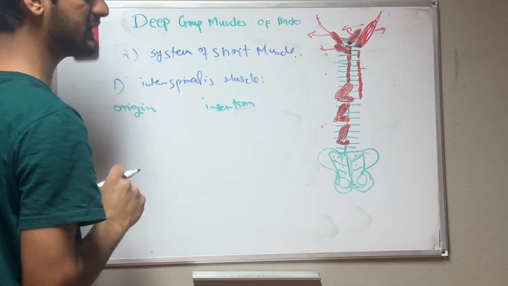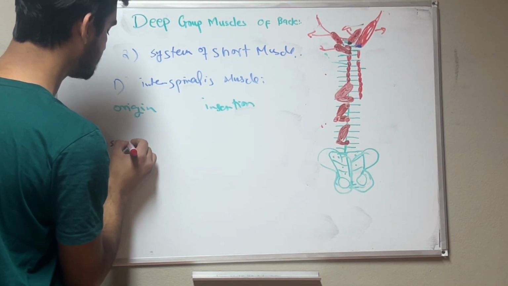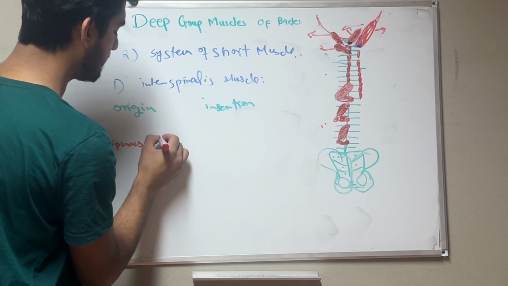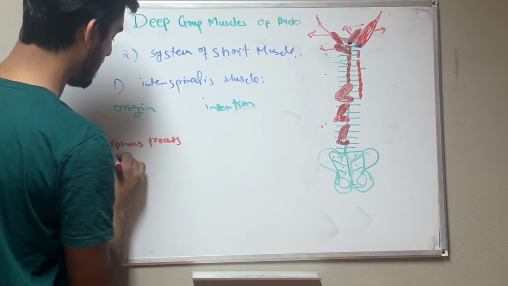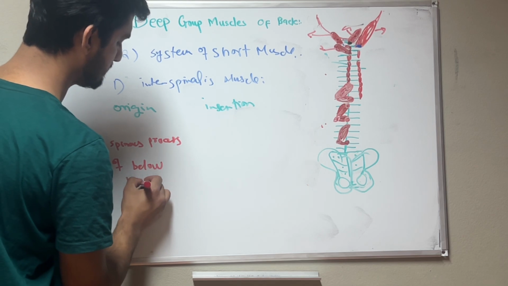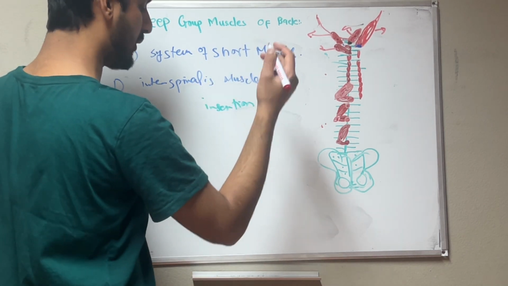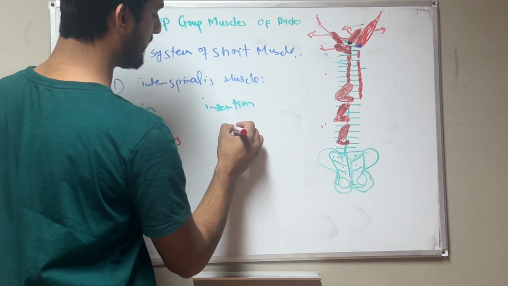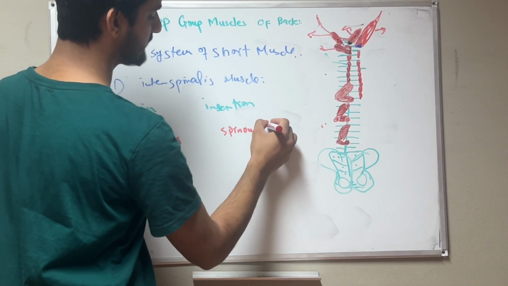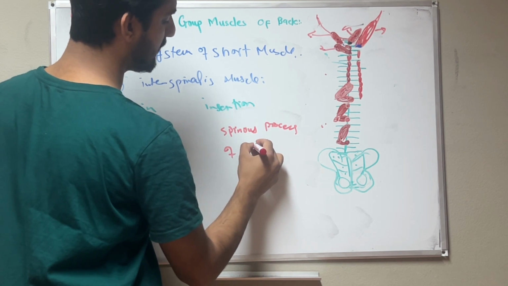Okay, the interspinalis muscle, because it is interspinalis, between the spine processes of each vertebra, is originated from the spine process of the below vertebra and inserted into the spine process of the above vertebra.